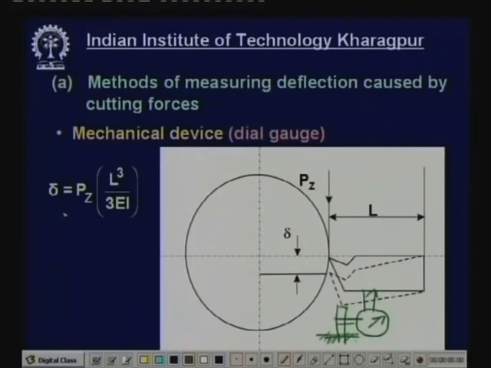So whatever the situation, delta remains proportional to Pz. Now the question is the proportionality factor. The value of the proportionality factor has to be determined, and this is done by what is called calibration.